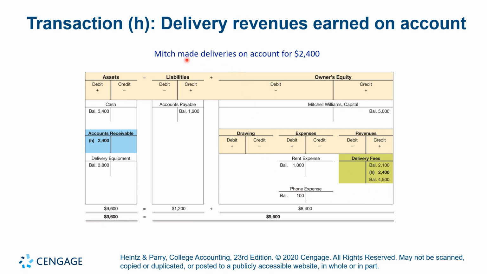And then these deliveries were made on account. So that goes under my assets. I'm waiting for them to pay me, or this is money I'm waiting to receive. So it goes under my new T chart of accounts receivable, increasing over here on the debit side in the amount of $2,400.